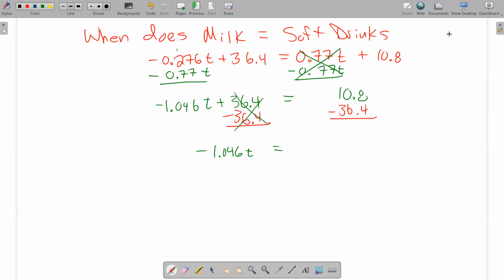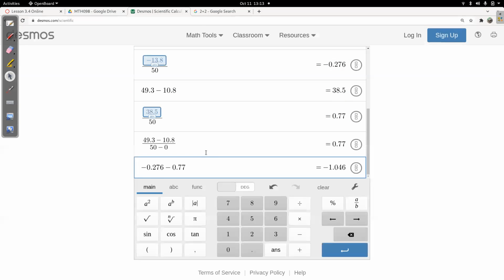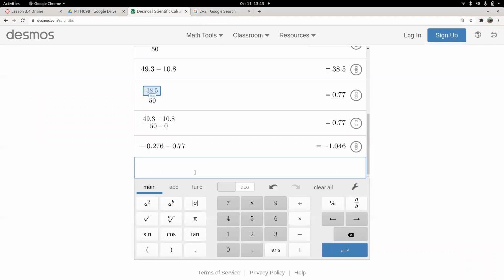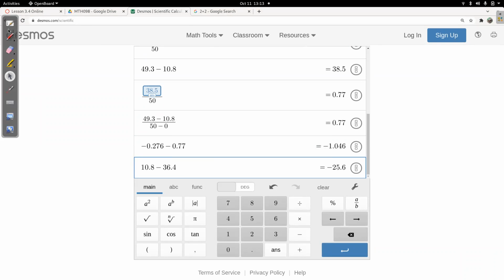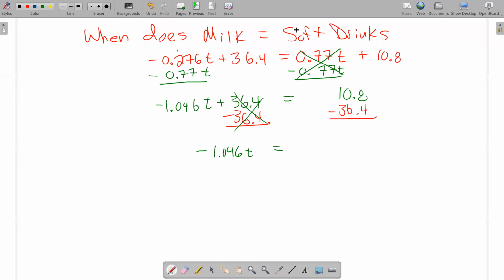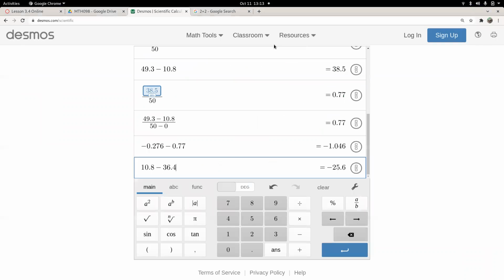We're going to check that on a calculator. So let's see, it was 10.8 minus 36.4. Have that right? 10.8 minus 36.4, yep.